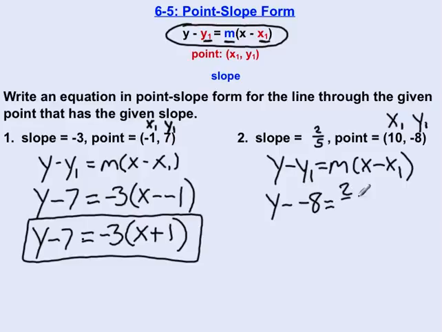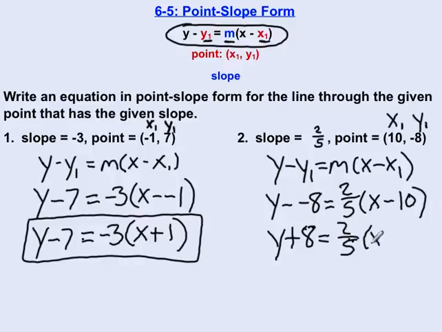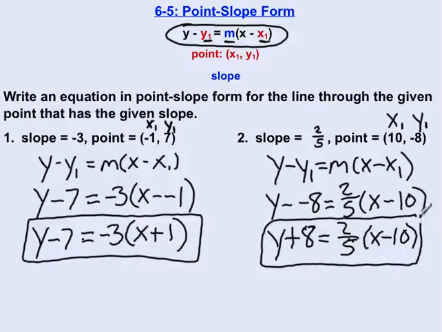Slope m, 2/5, times x minus x sub 1, which is 10. Again, let's clean it up a little bit. Instead of y minus negative 8, let's put y plus 8. And everything else over here looks pretty good, so I'll just rewrite it. And there's my equation in point-slope form.